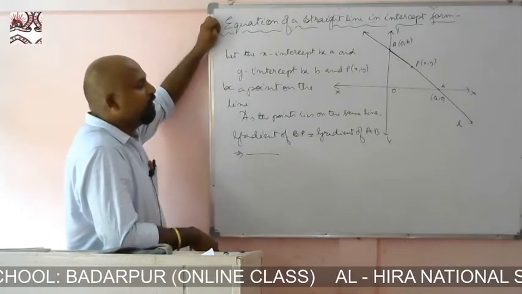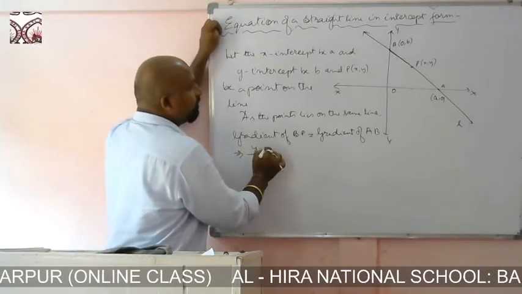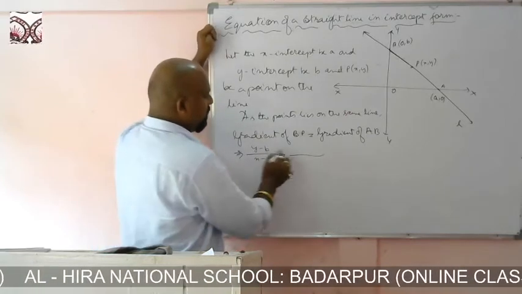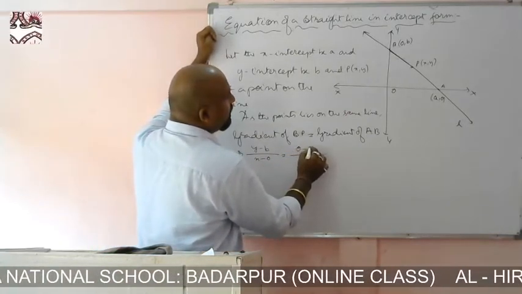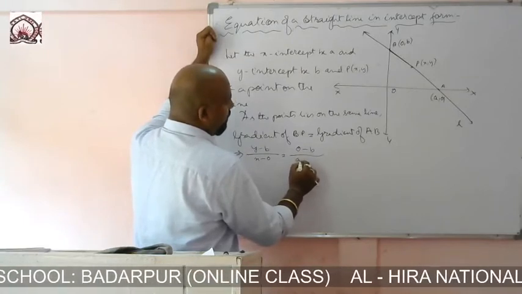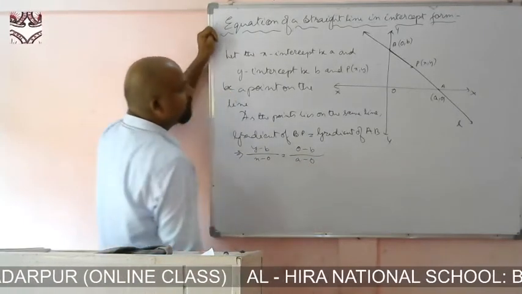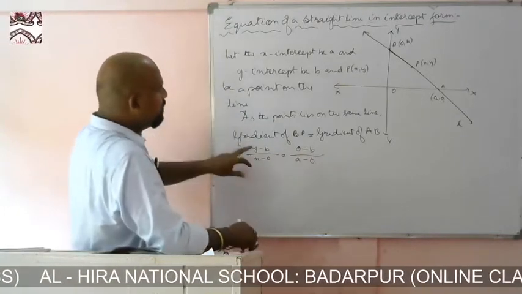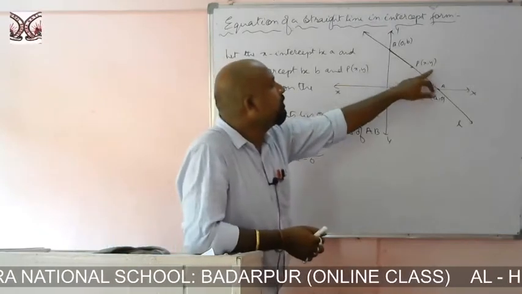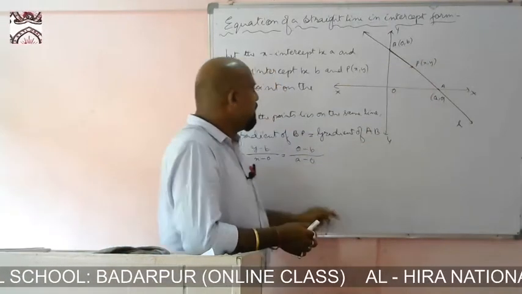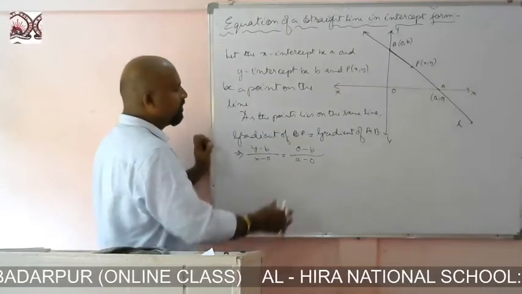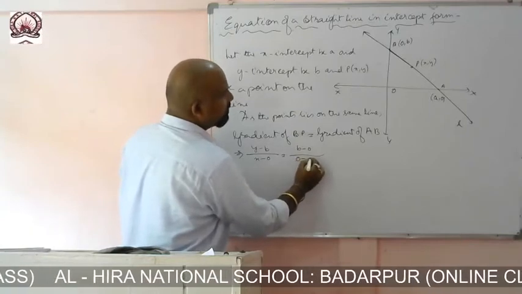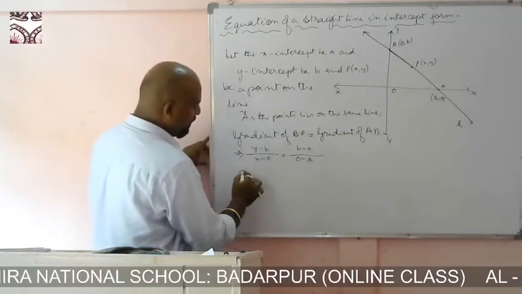Gradient means change in y over change in x. So (y minus b) divided by (x minus 0) equals (0 minus b) divided by (a minus 0). The slope of BP equals (y minus b) divided by (x minus 0), and for AB, (b minus 0) divided by (0 minus a).